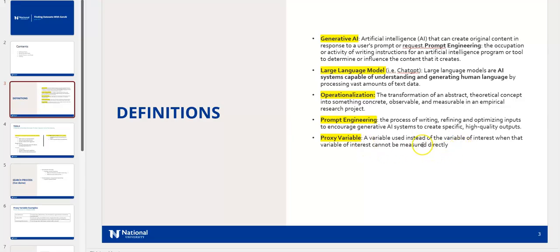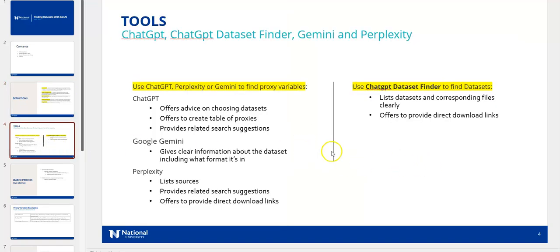Lastly, a proxy variable is a variable used instead of the variable of interest when that variable of interest cannot be measured directly. Some of the tools that I recommend for finding datasets are ChatGPT, Perplexity, or Gemini to find proxy variables, which are variables that you can use instead of your initial variable, which we will go into.